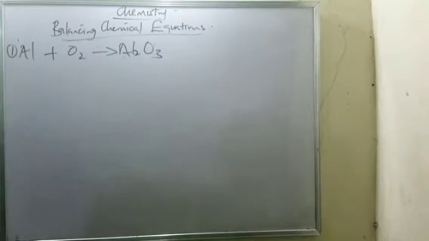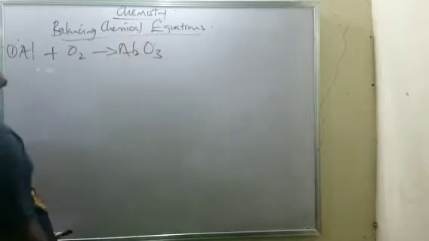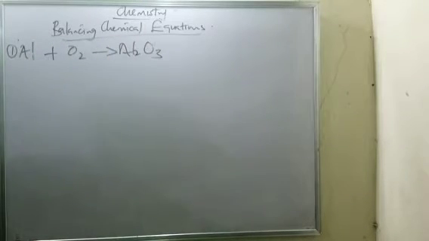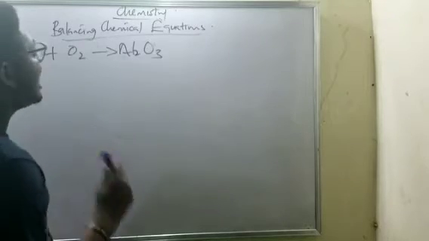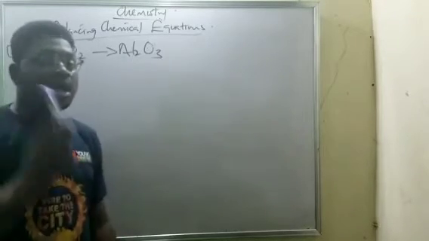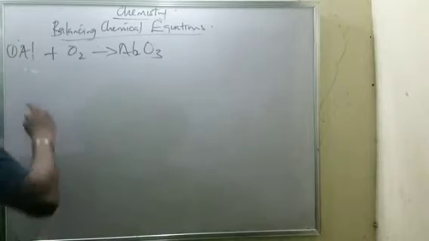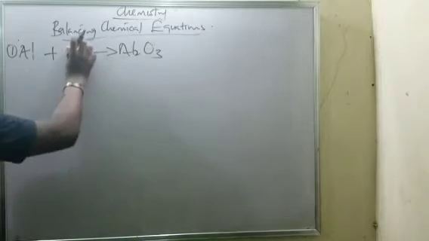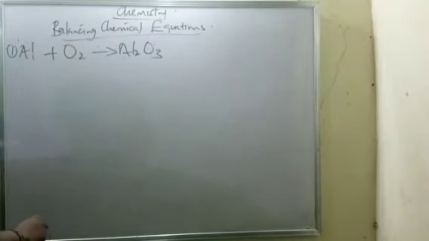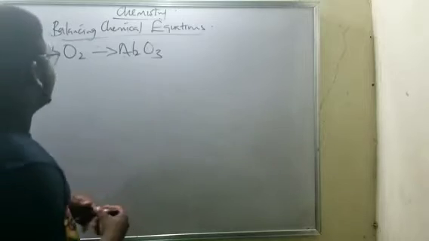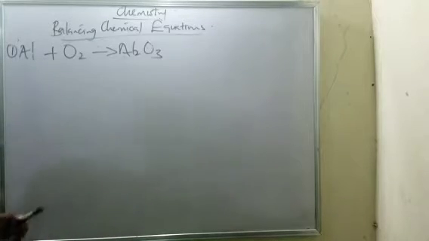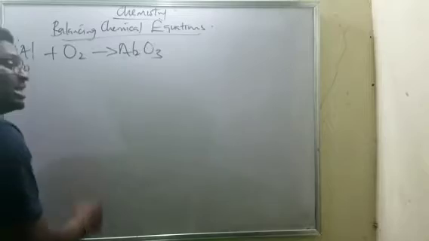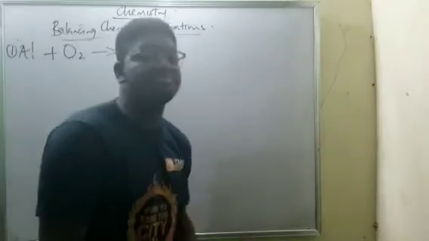If you follow what I said earlier, the reactants are this and this is the product. Now, the first thing you should check in a chemical equation is the element atom count. I have aluminium and I have oxygen, meaning every element that is present on my reactant side must definitely showcase in my product side.